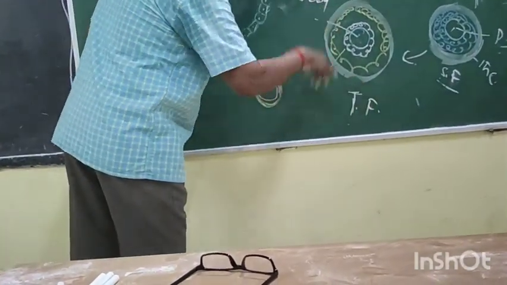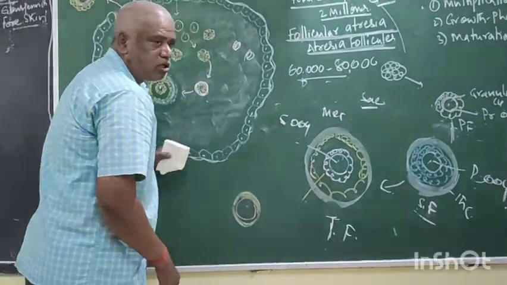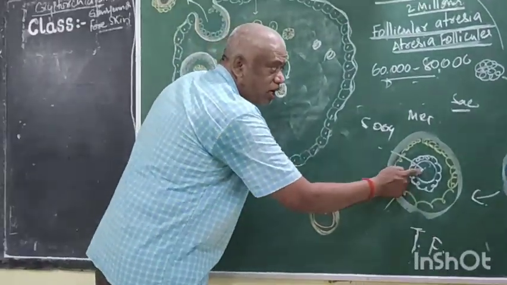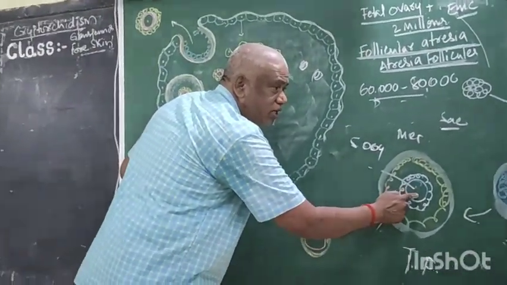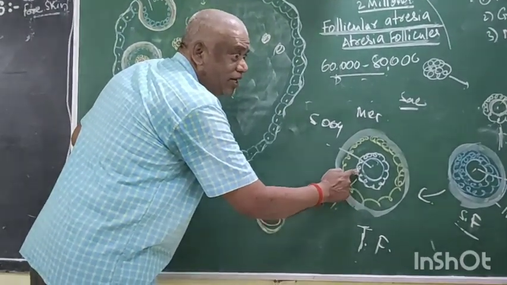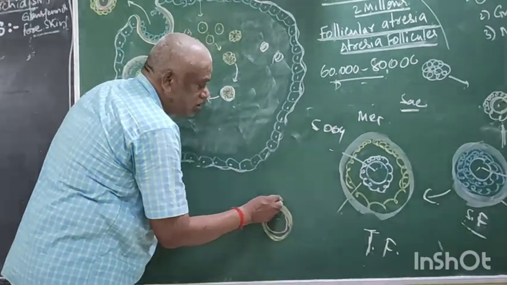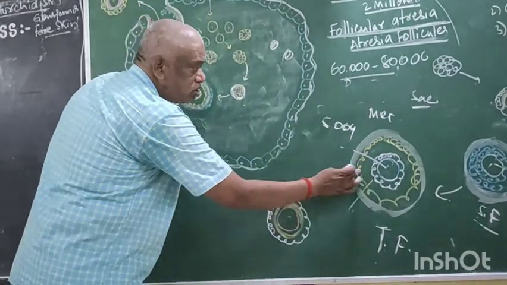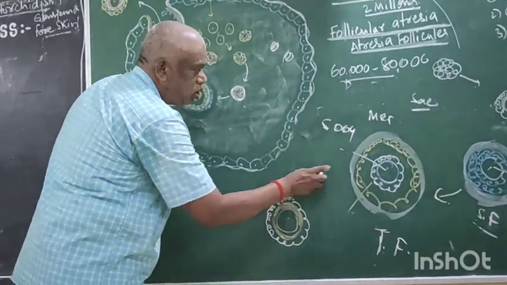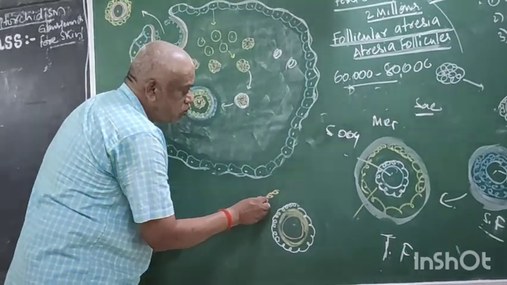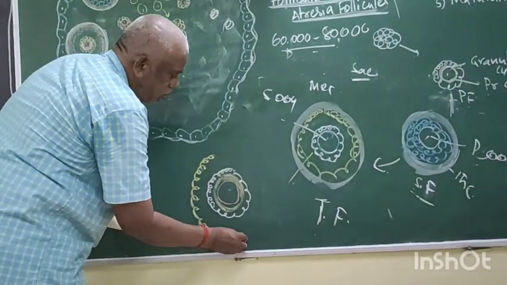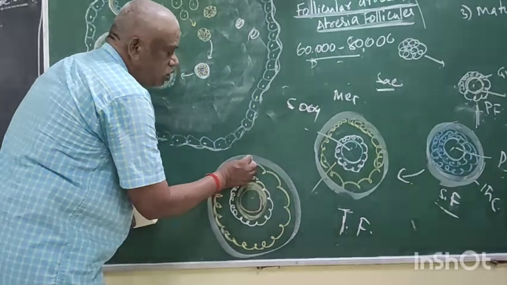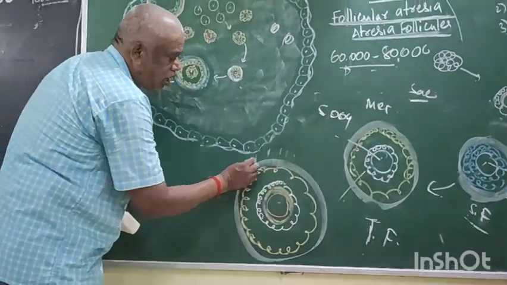After the tertiary follicle, the secondary oocyte produces some gelatinous substance to the outside, outside the secondary oocyte and inside the inner granulosa cells. Now the granulosa cells are as they are. What is this? Antrum. Outer granulosa cells. Now it is theca: theca interna, theca externa.